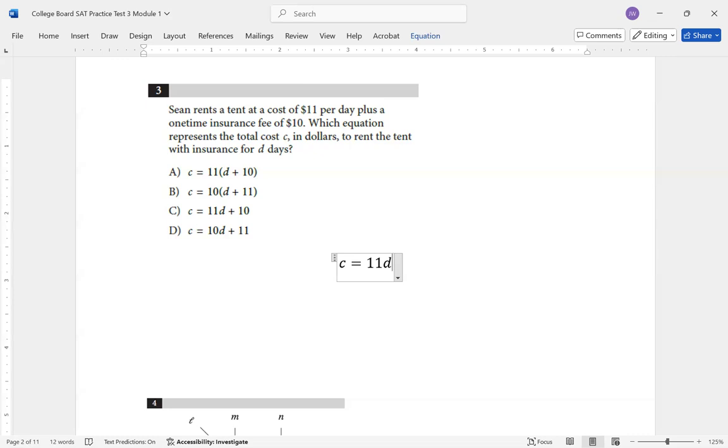And then it's a one-time insurance fee, so they add 10 to that. So 11D plus 10 is going to be the cost for a D-day rental. And that's option C. C equals 11D plus 10 is the correct answer to question 3.